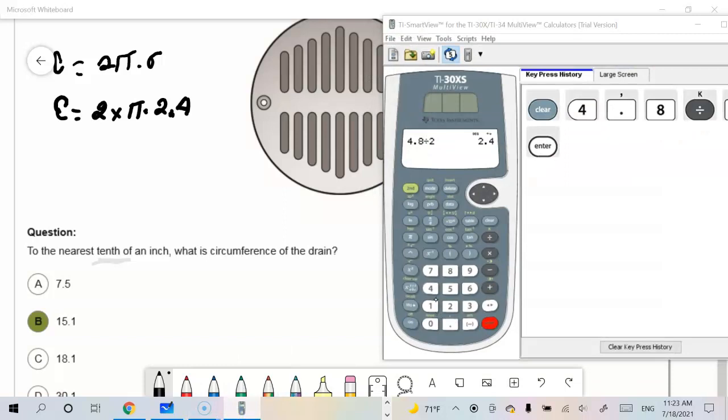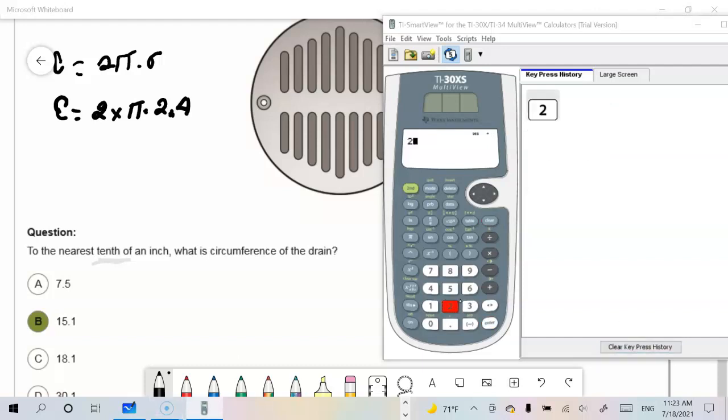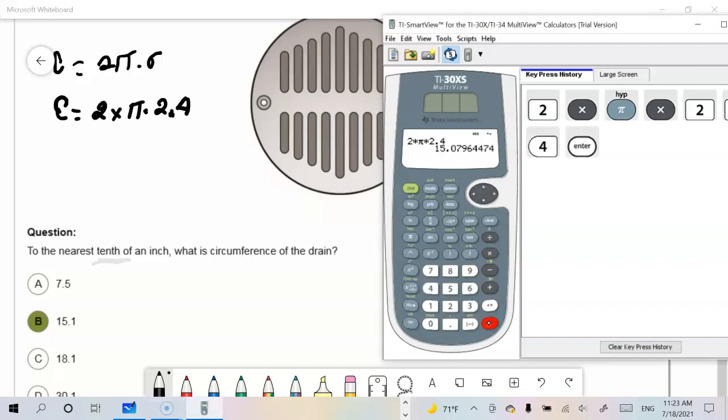Let me clear this because I don't want to use any existing data. So I have 2 multiplied by pi, and pi is a number. As you see here, this is the symbolic form, but pi is actually a number. So we are going to look for it in the calculator. Let's see where pi is. You see this key here, it says pi, so we press pi, then multiply by 2.4, okay, and then we press enter.